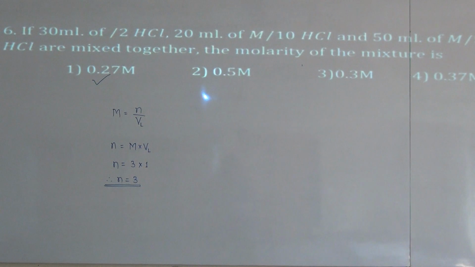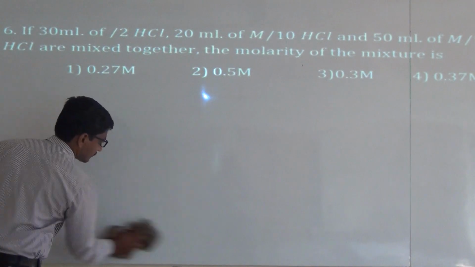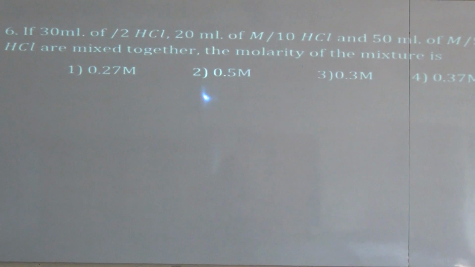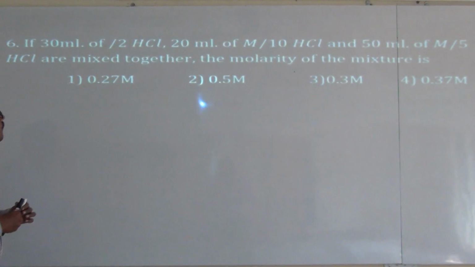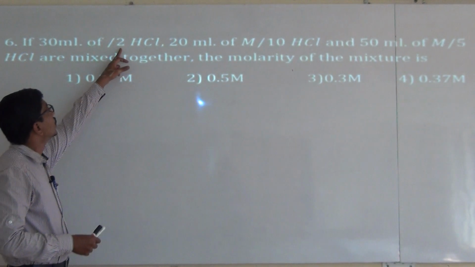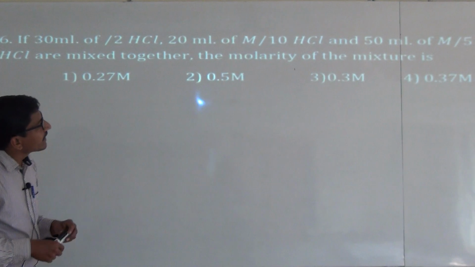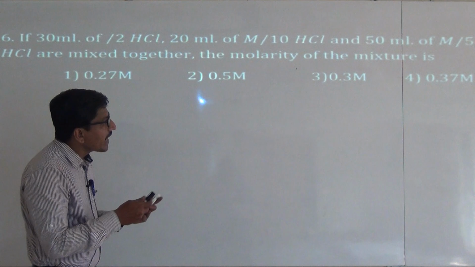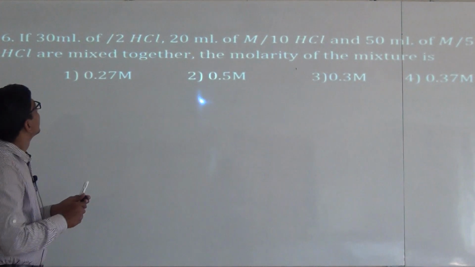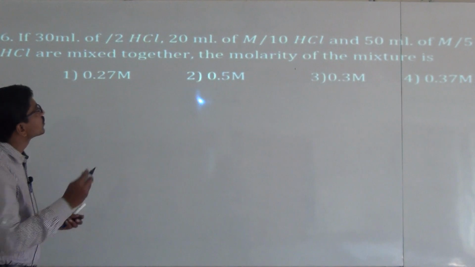Next question is the sixth one. If 30 ml of M/2 HCl, 20 ml of M/10 HCl and 50 ml of M/5 HCl are mixed together, the molarity of the solution is.